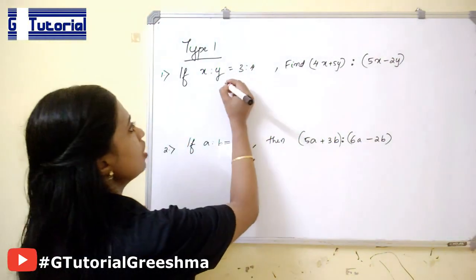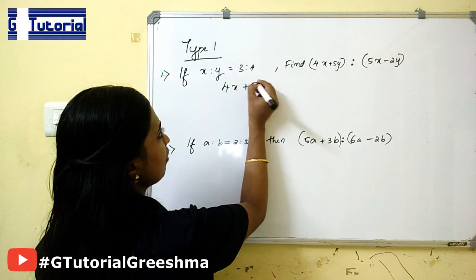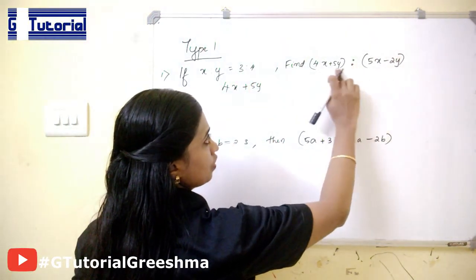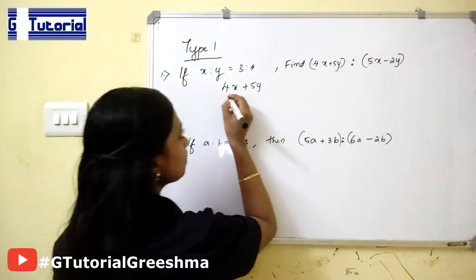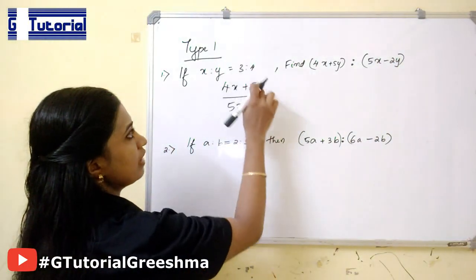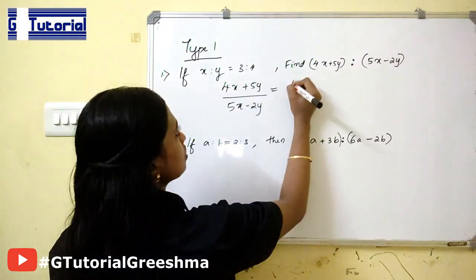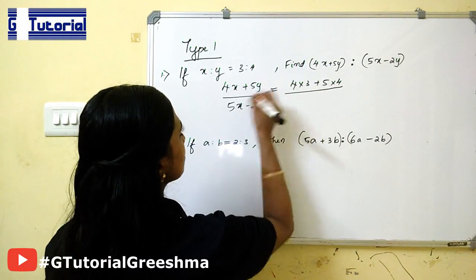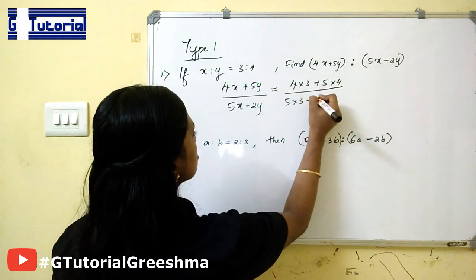We are asked to find 4x plus 5y as a ratio to 5x minus 2y. Substitute 3 for x and 4 for y. So (4 into 3 plus 5 into 4) by (5 into 3 minus 2 into 4).